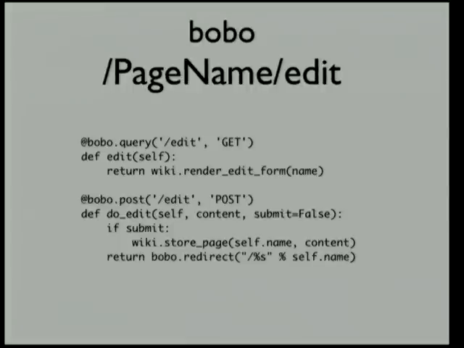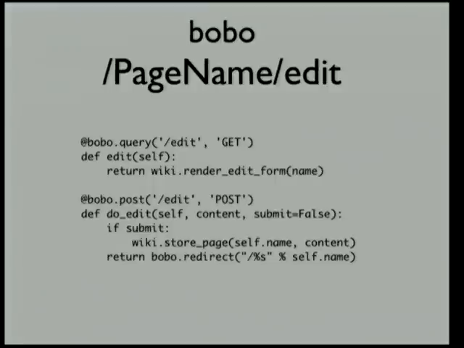Nice thing about Bobo is that the form variables are pulled out of the request based on the function signature. So that's really nice. I don't have to manually look at some sort of form object to find the things I'm looking for. And that was a feature in the very, very first Bobo as well. So it was way ahead of its time.